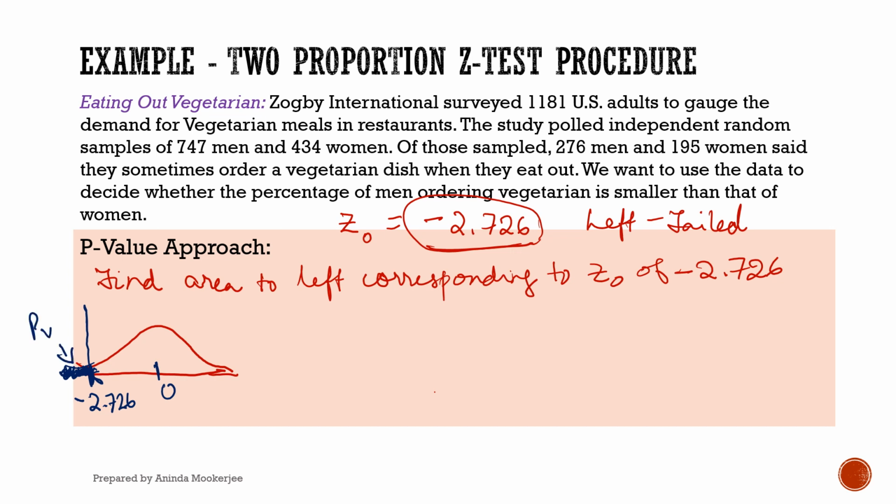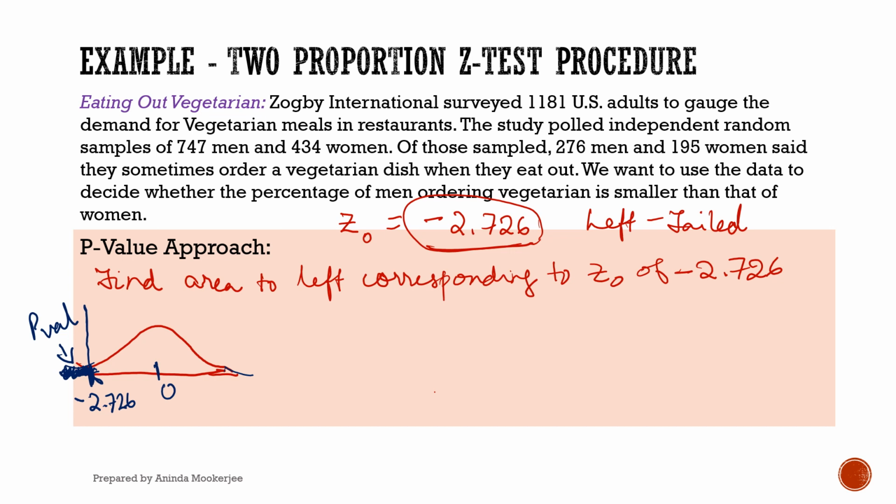p-value. It's not the reject region. All right, there's no reject and do not reject regions when it comes to p-value approaches. You just take your test statistic, show where it falls on your diagram under the normal curve, and if it's a left tail test, find the area on the left hand side. If it's a right tail test, find the area to its right, and if it's a two tail test, find the area on whichever side it falls.